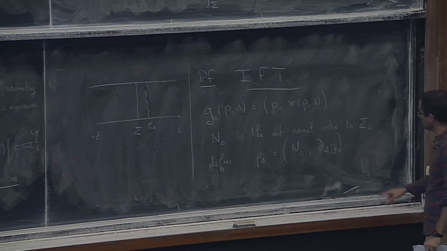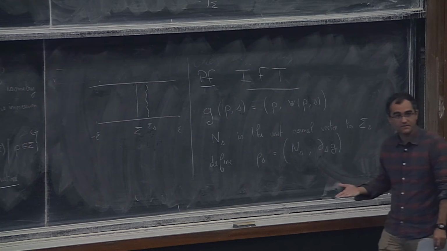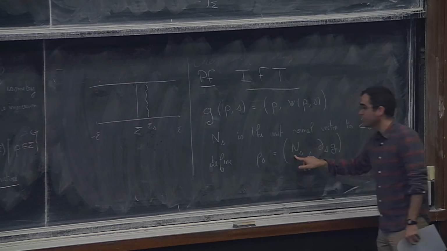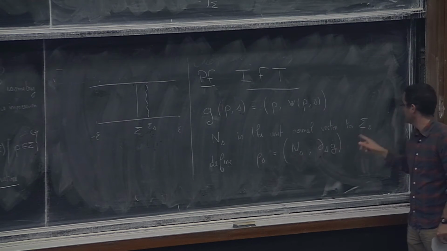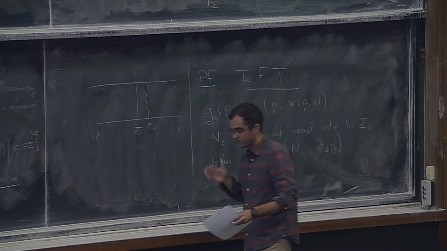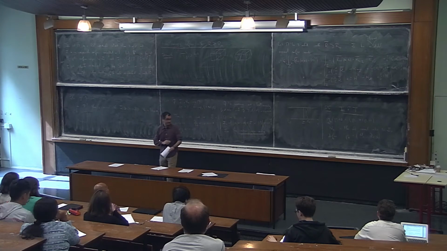So what is this? This is the way you deform the surface sigma sub s at time s. This is the normal to this surface sigma sub s. So rho sub s is just the contribution in the normal direction to the deformation.